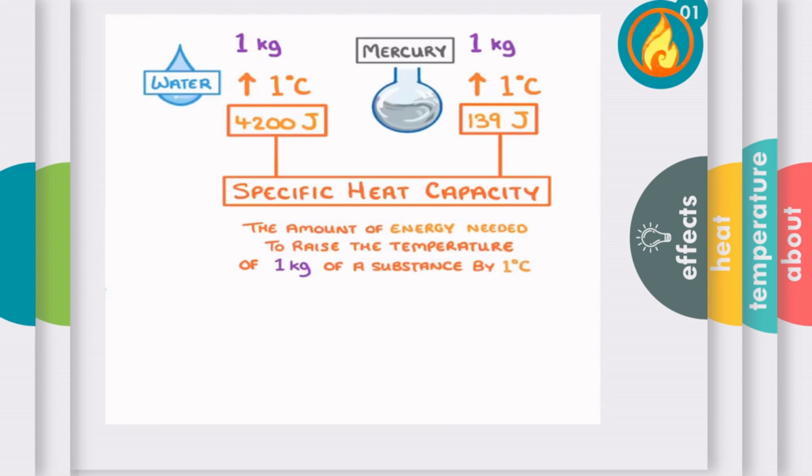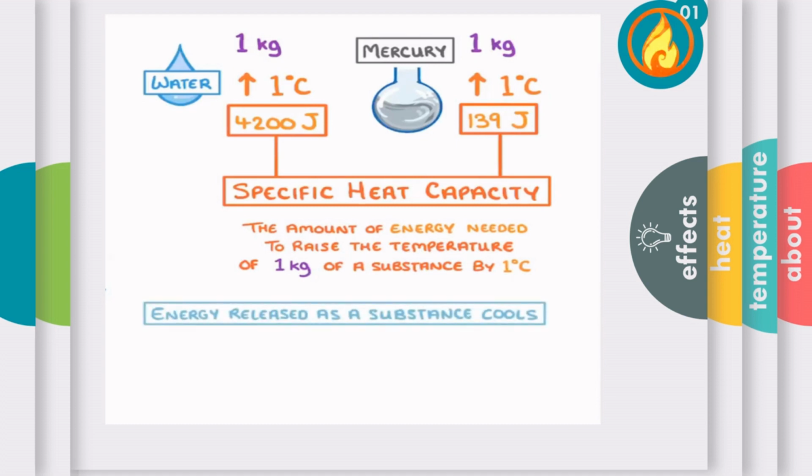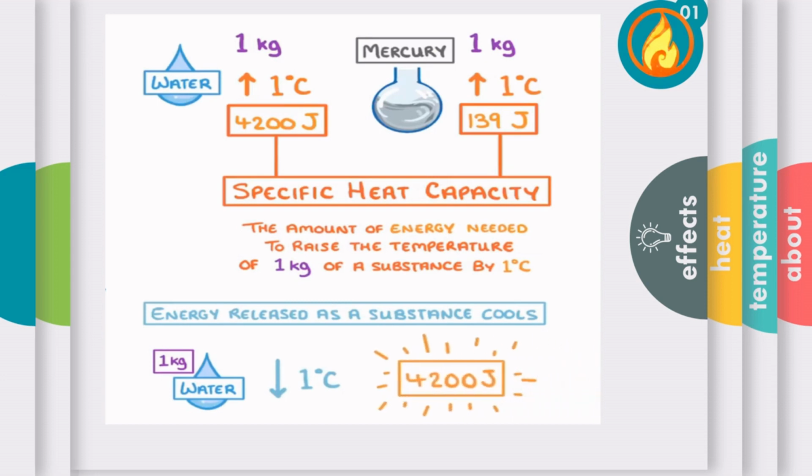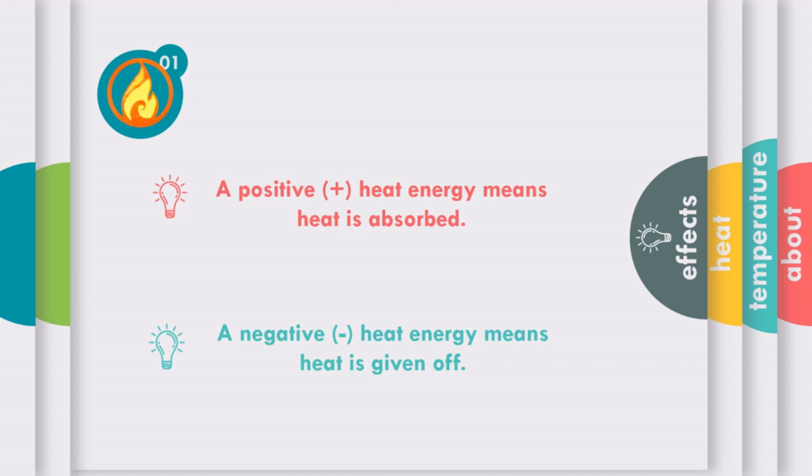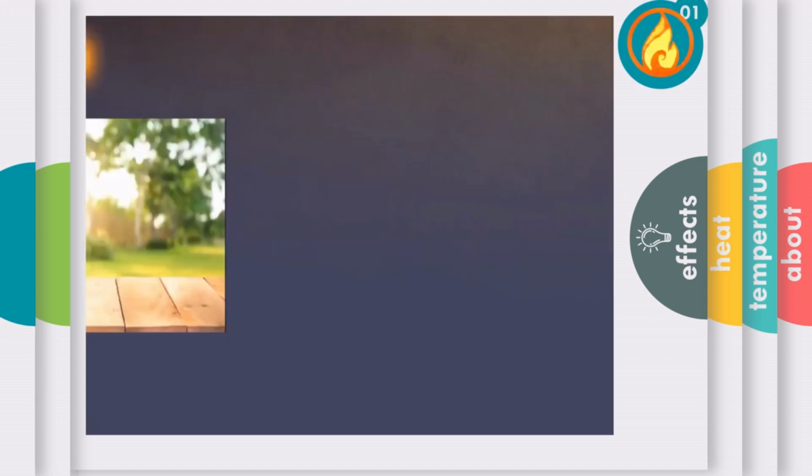It can also be thought of as the amount of energy released as that substance cools. So each time a kilo of water cools by 1 degree Celsius, it will give out 4,200 joules of energy to the surroundings. Remember, a positive heat energy means heat is absorbed, and a negative heat energy means heat is given off.